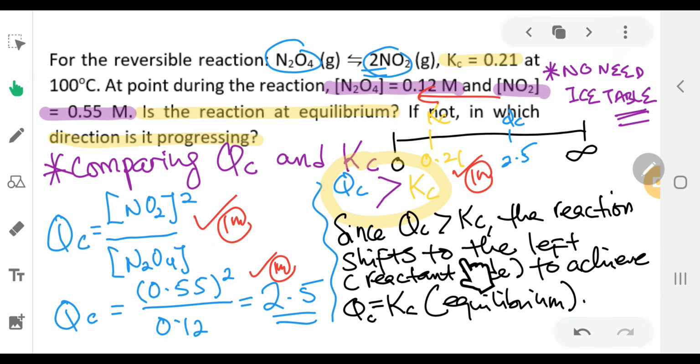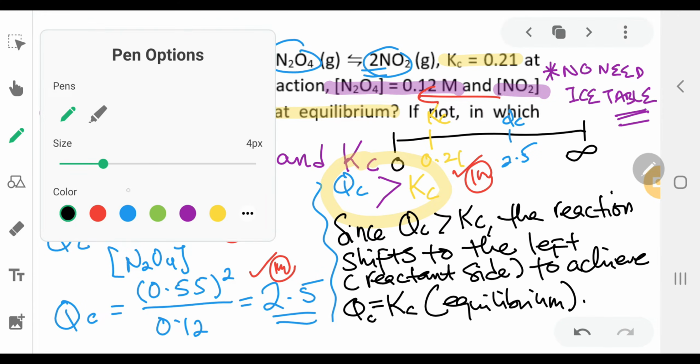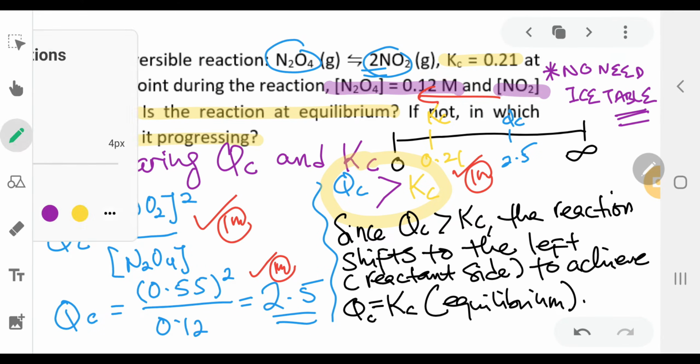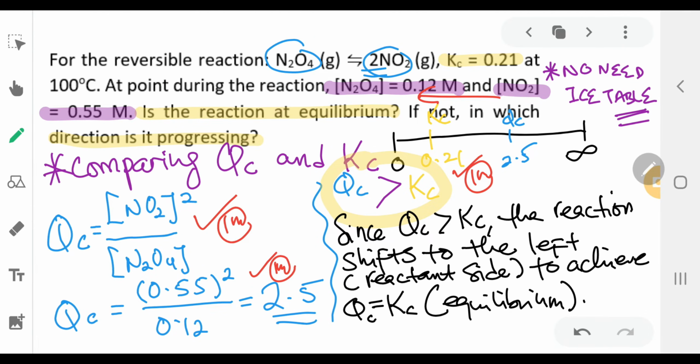So when you shift to the left, this reaction needs to make more N2O4 in order for the reaction to achieve the KC. Okay? With that conclusion, you will get another 1 mark.